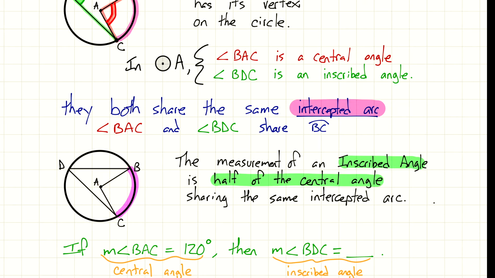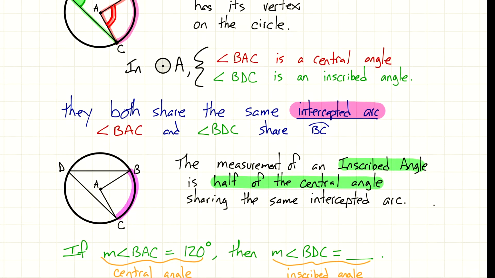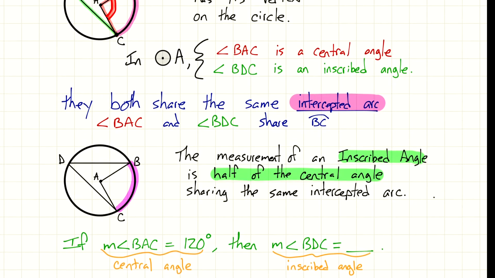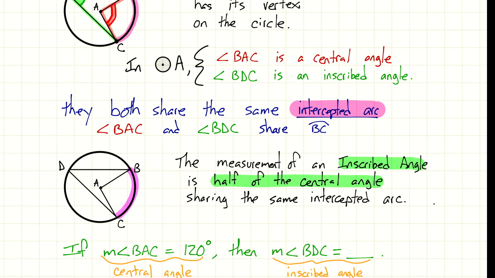All right. So if I say BAC is 120 degrees, then what is BDC? All right, so the central angle is 120, so if the inscribed angle is half of the central angle, then our inscribed angle must be 60 degrees, right?